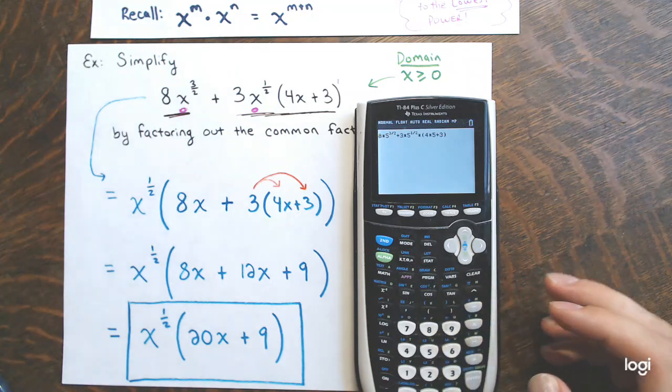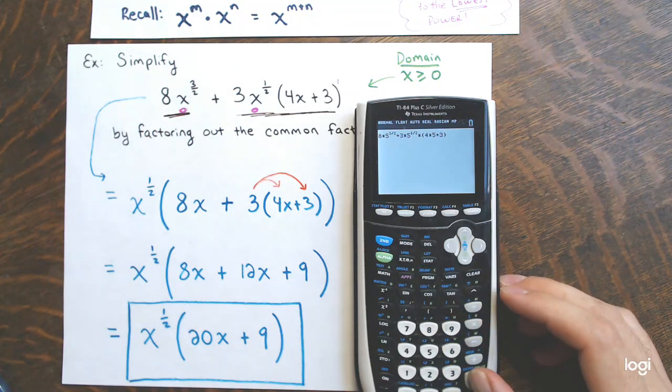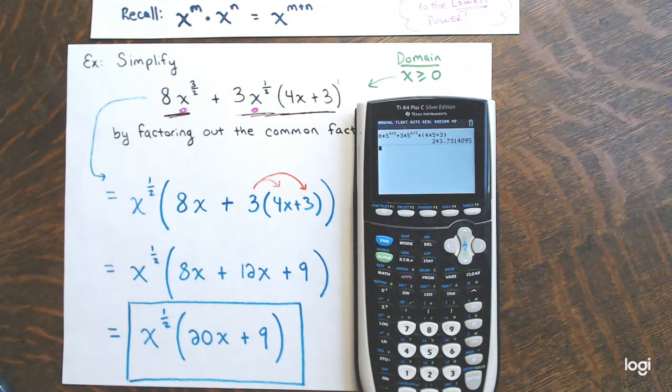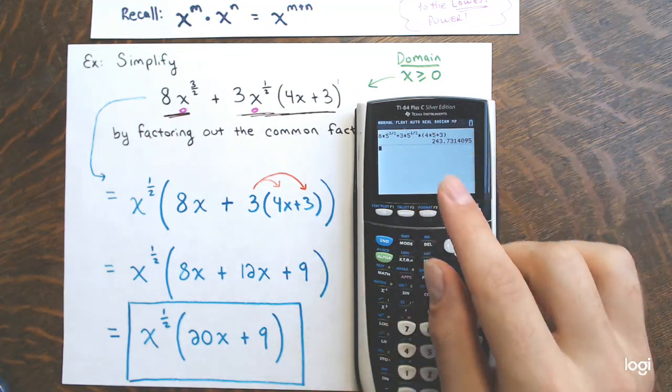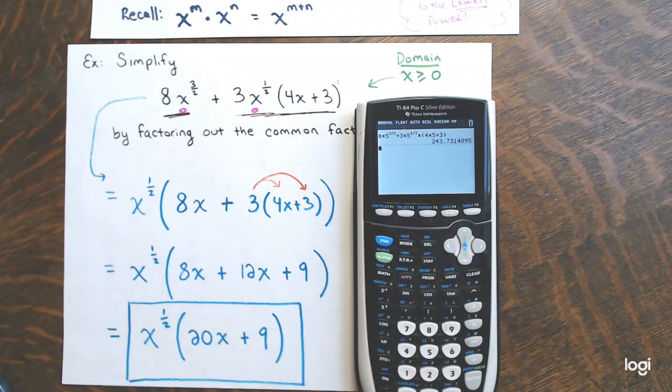Close parentheses. All right, let's see what this value is. Probably some crazy value. All right, it's 243.7314095. Probably some irrational number where the decimal goes on forever without ending, without repeating. Okay, so let's keep this number up here.